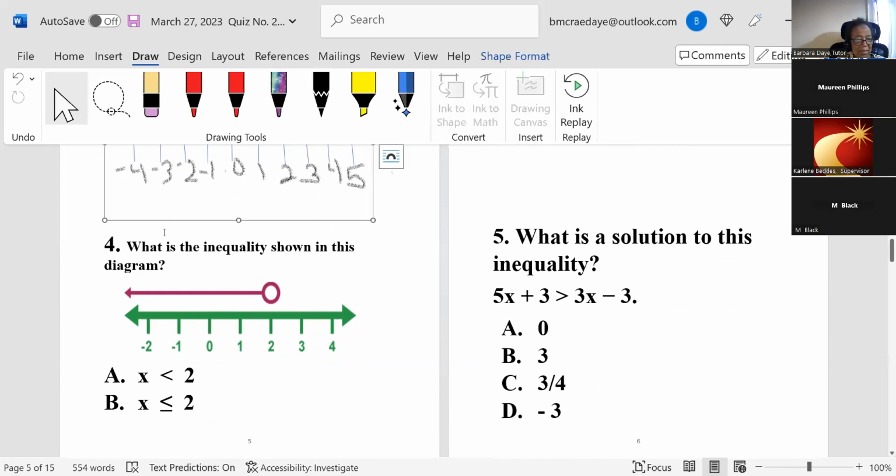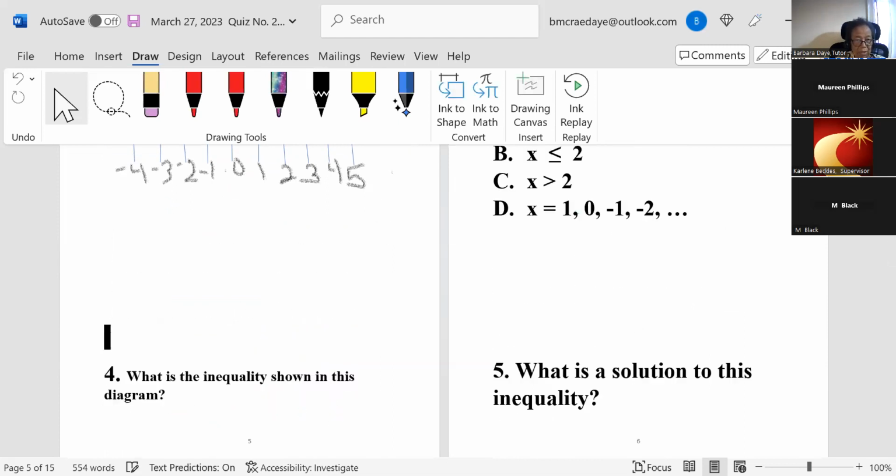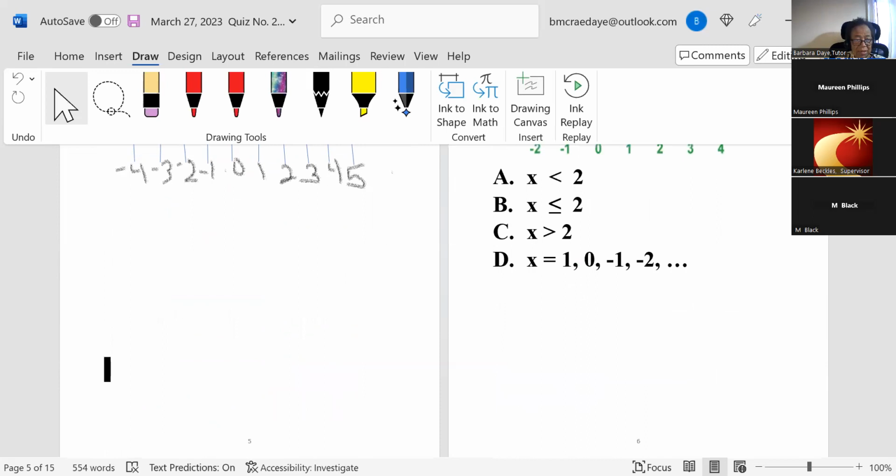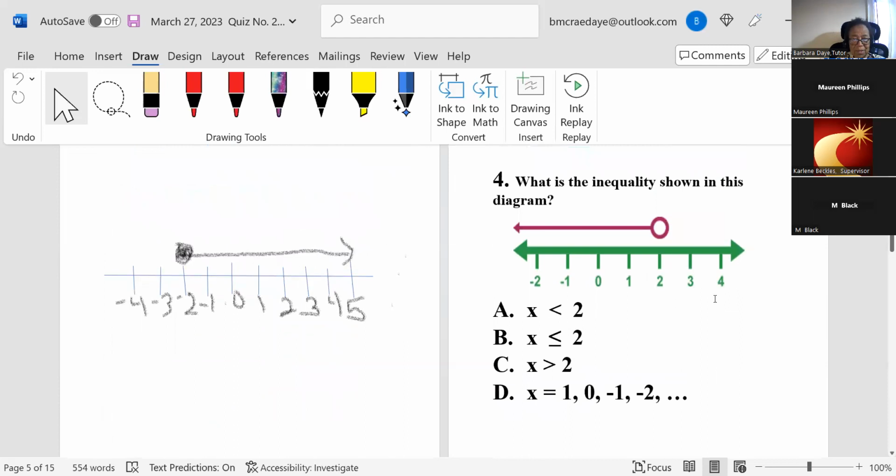Let me see if I can put that all on the other side so everything's together. Okay, Maureen, let's figure this out. Now, you have an open dot. So right away that tells you what the inequality is. If it's open, what are the only two choices it can be, Maureen?